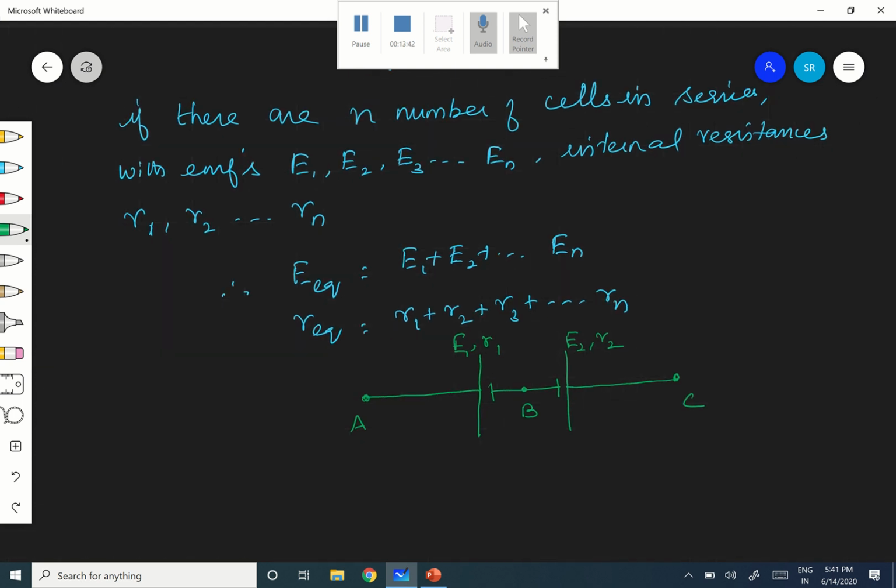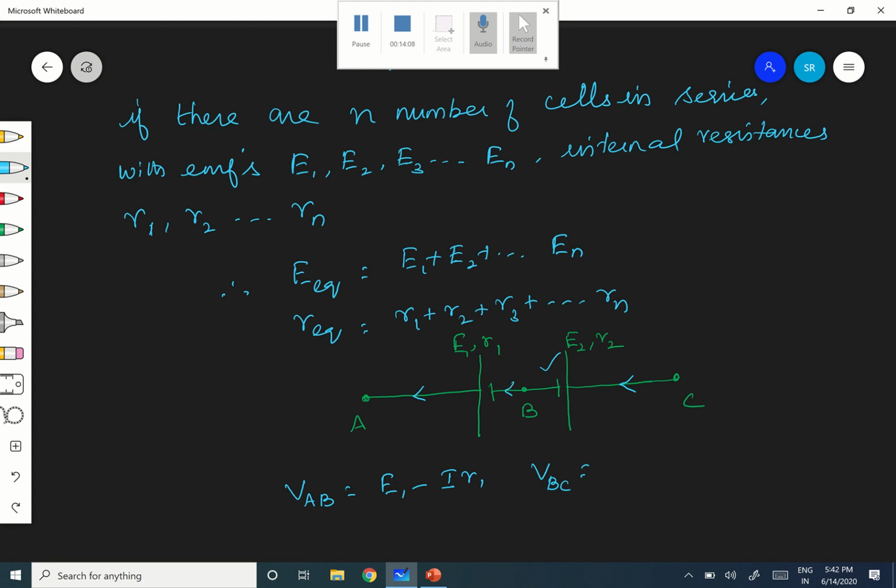Therefore, what is VAB here? VAB is as usual E1 minus IR1. But what is VBC here? Here you see the current direction.